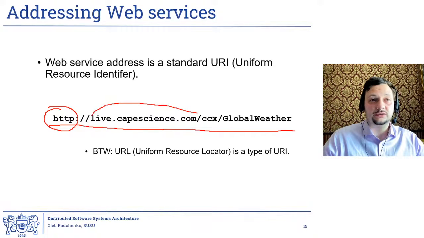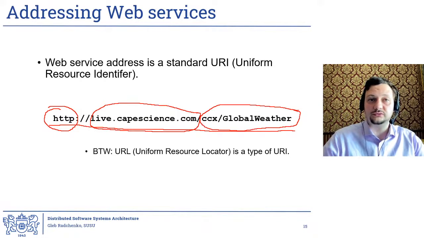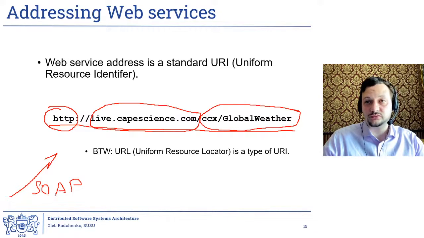Second, the name of the website where this web service is located. After the website, we see the exact path to the web service that we want to invoke, and to this place we would send our SOAP messages to invoke the execution of the remote methods of this web service.